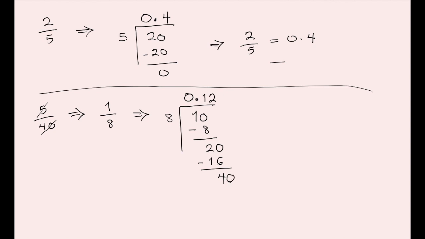We add our 0 here. 40 divided by 8 is 5. 5 times 8 is 40. And this is going to be equal to 0. So we have 5 over 40, which is equal to 1 over 8 in its lowest terms, is equal to 0.125.